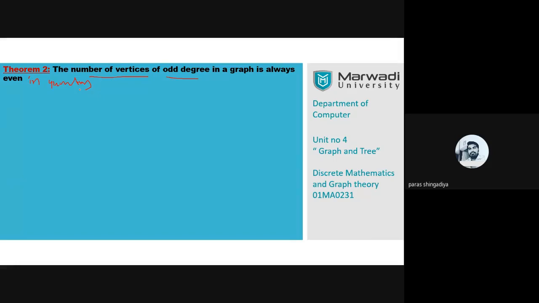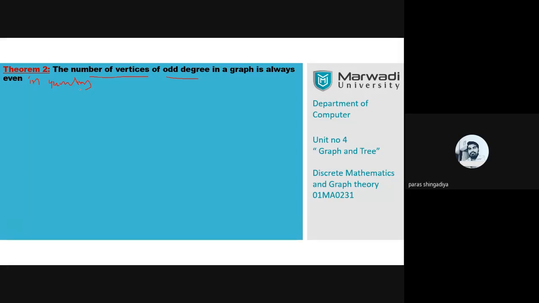So when we consider any graph, any shape with any number of vertices, you need to check the vertices of odd degree, meaning 1, 3, 5, 7, 9, 11, and so on. That is an odd value here. So those vertices contain the odd degree. Now check the count. The number of vertices of odd degree in that particular graph is always even in quantity, meaning it will be 2, 4, 6, 10, and so on.